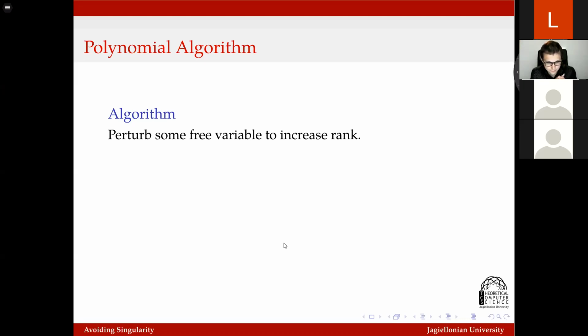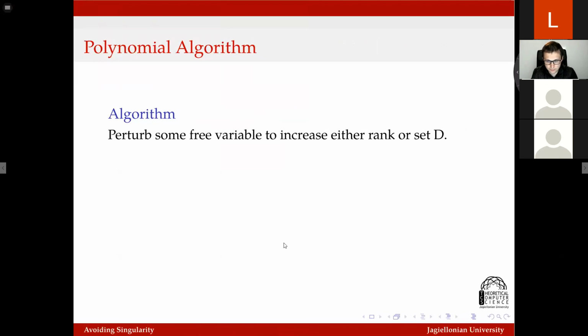And this is a greedy algorithm that tries to increase rank, and this greedy algorithm does not work. So there are examples of matrices such that whenever you try to change the value of one of the three variables, the rank stays the same, but still this is not the maximum possible rank.